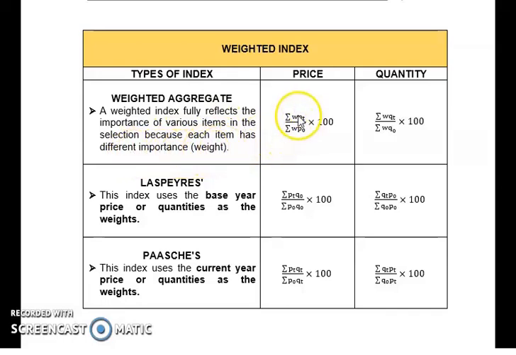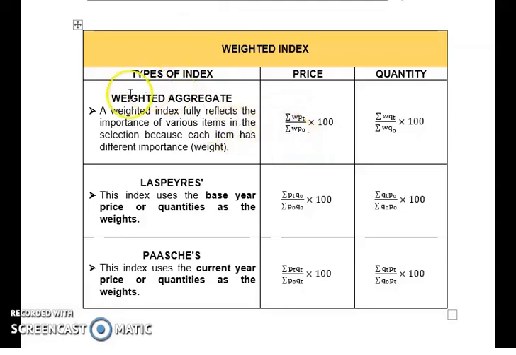Okay, so if you look at this formula, the basic formula previously was current year price divided by base year price. Now under weighted index we give weight here. W here refers to the weight that we give to that item.